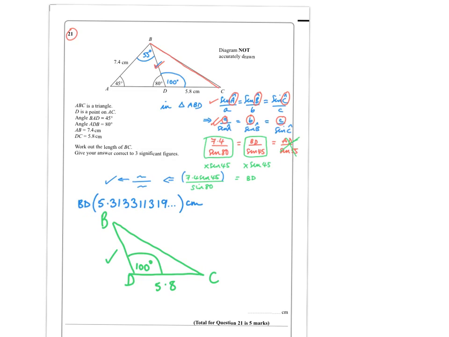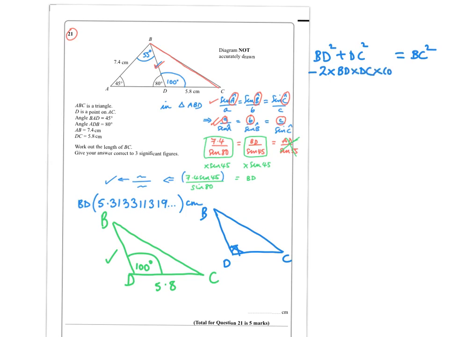And that is, if you imagined we had triangle BDC, imagine that it's a right angle triangle, and if it was, then you'd have BD squared plus DC squared would be equal to BC squared, but it actually isn't because it's not a right angle. So what you have to take away from this side is always 2 times BD times DC cos the angle.